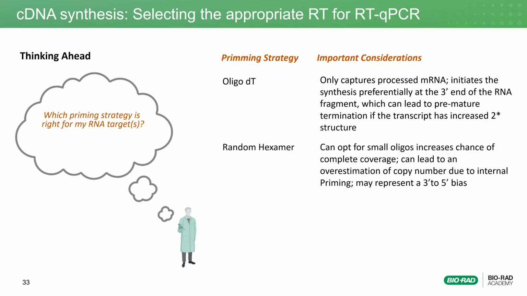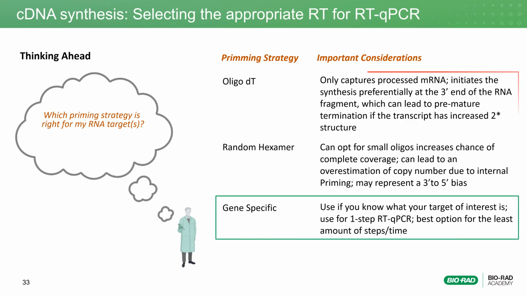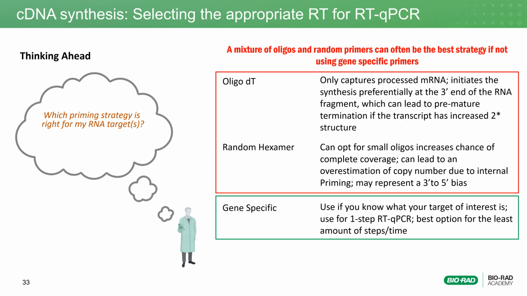The use of random hexamers as a priming strategy can allow for increased transcript coverage, but may lead to an overestimation of copy number due to internal priming or a 3' to 5' bias. When it comes to analyzing gene expression, gene-specific primers is the strategy that will suit your needs. For all other applications, I recommend a mixture of oligo-dTs and random hexamers.